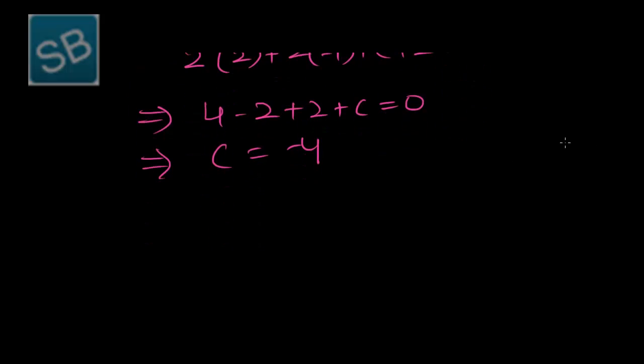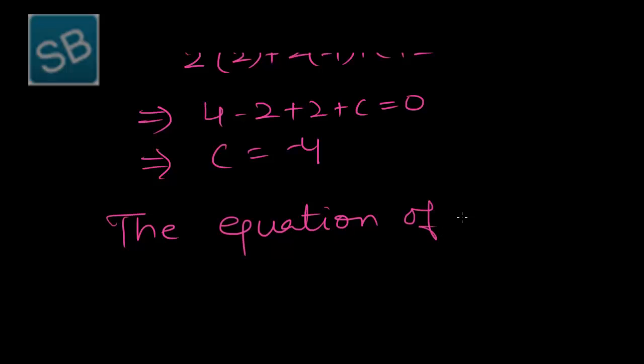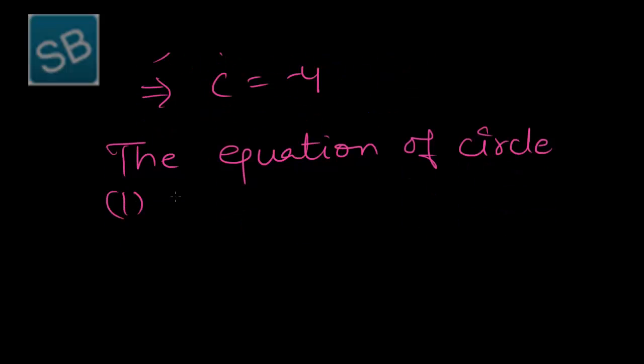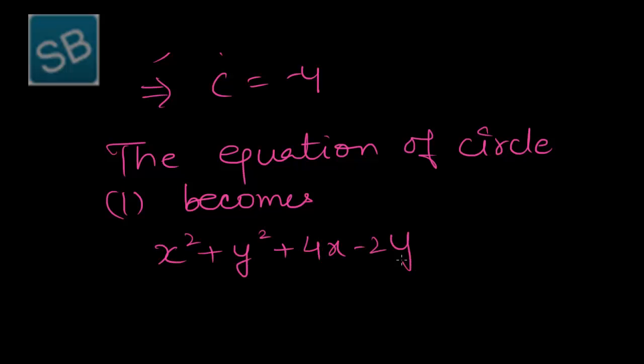Therefore, substituting the values of g, f and c in number 1, the equation of the circle becomes x square plus y square plus 4x minus 2y minus 4 is equal to 0, which is the required equation of the circle.